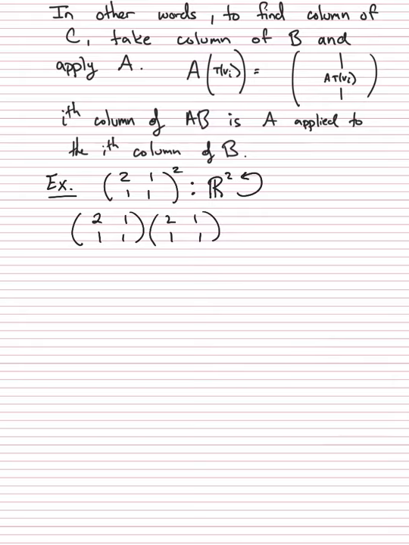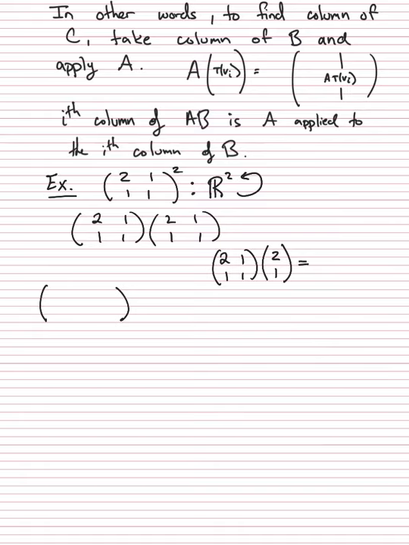Okay, so how do we do this? Well, we're going to get a matrix. The way you get the first column is you take the matrix 2, 1, 1, 1 and apply it to the first column of B, which is just the same matrix here. So what do we get?